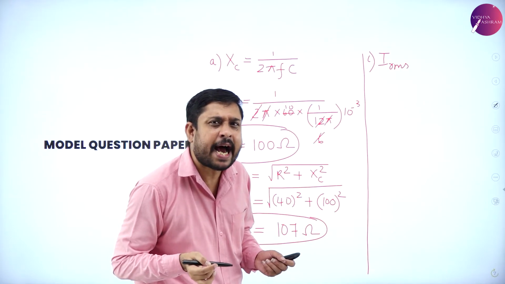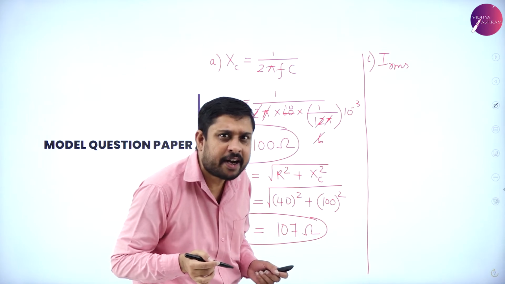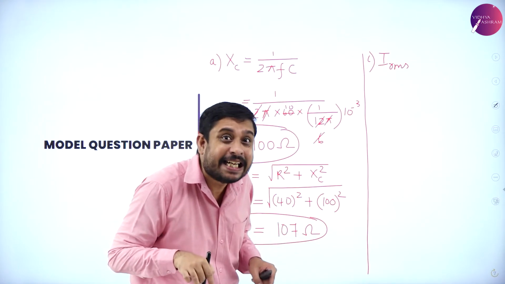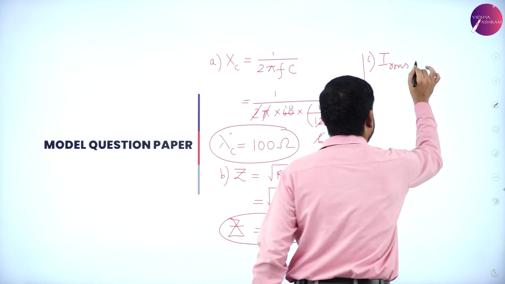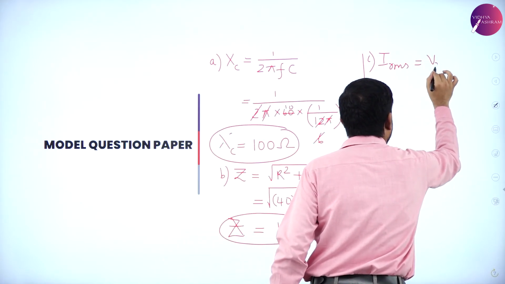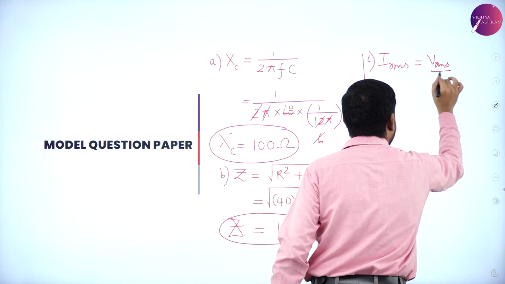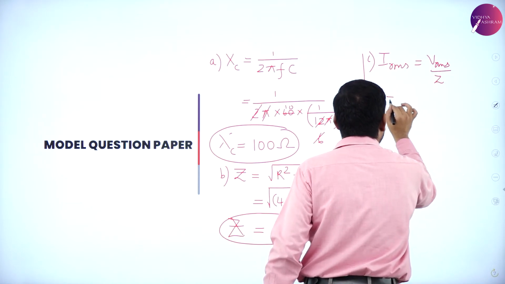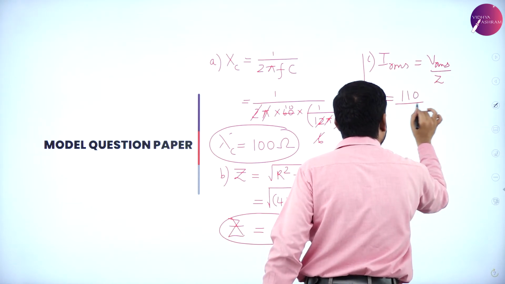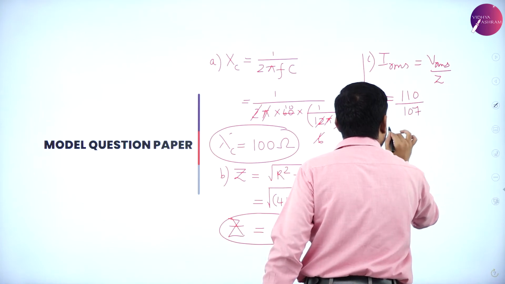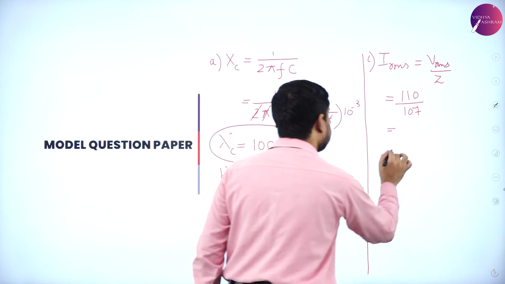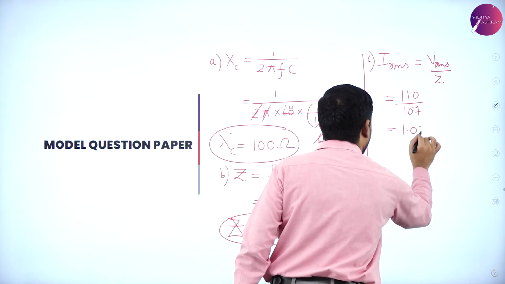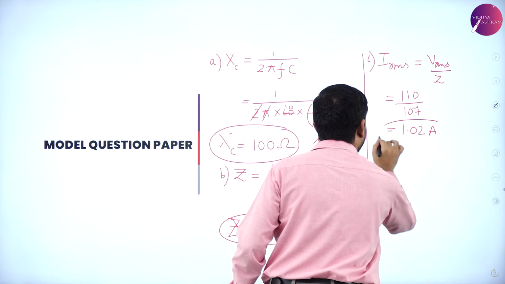By Ohm's law, I is V by R. Here it is V by Z, impedance. So this is VRMS by Z, 110 by 107. On calculation, this is nearly 1.2 amperes.